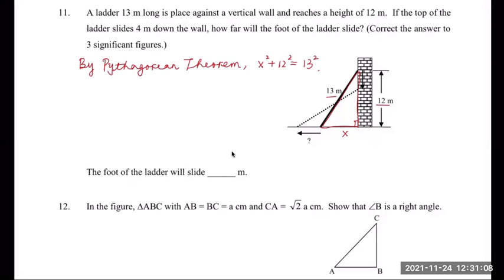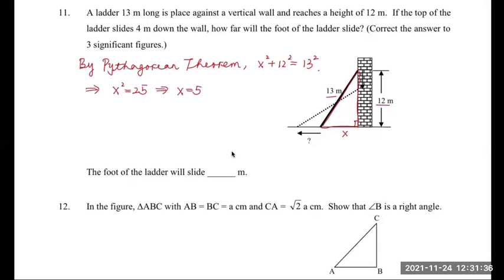And we know 12 squared is 144, 13 squared is 139, I think. Oh, sorry, 169. The difference will be 25. So x squared is 25. And that means x is 5, right?